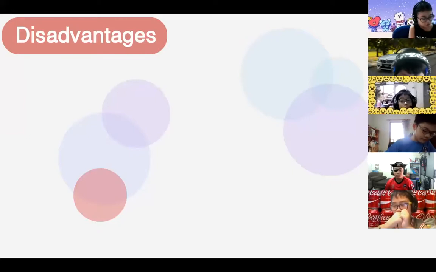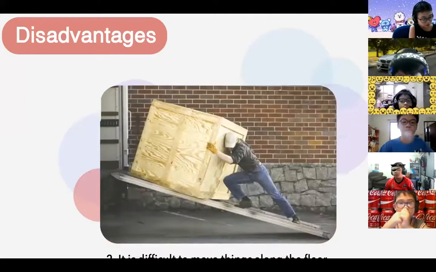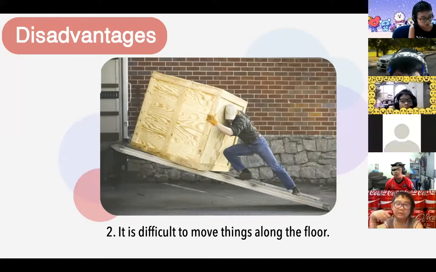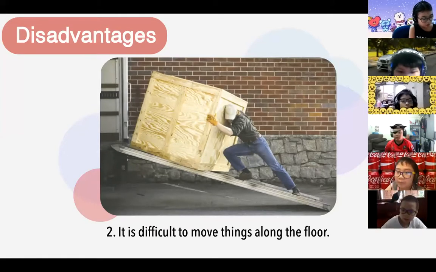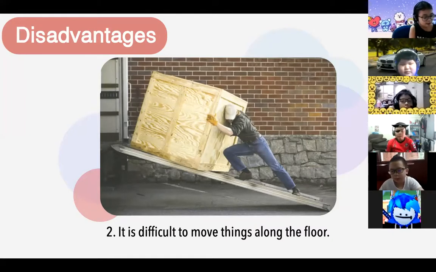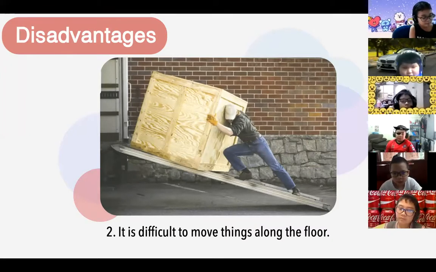Second disadvantage is that it is difficult to move things along the floor because this crate box is quite heavy. When you push it on this kind of surface, it becomes very hard to push.